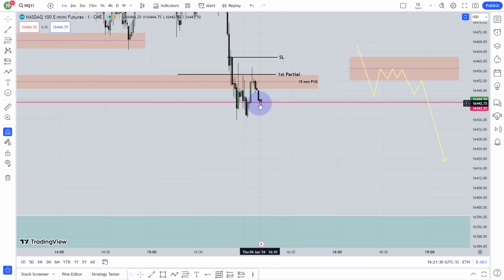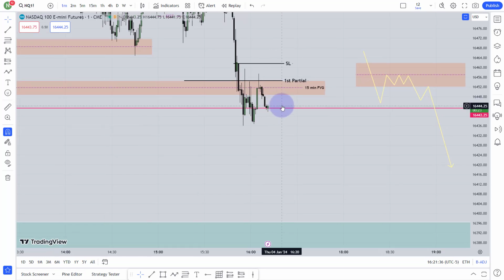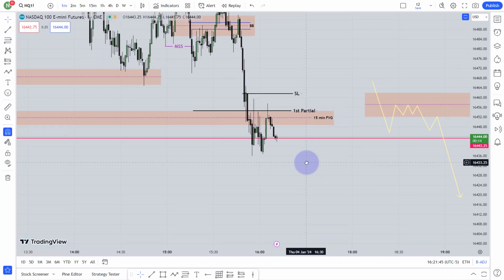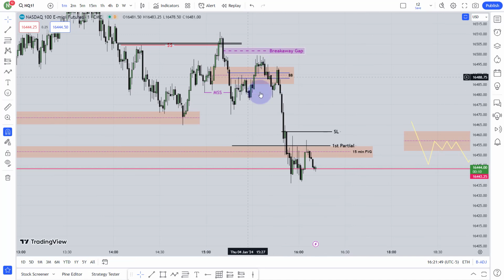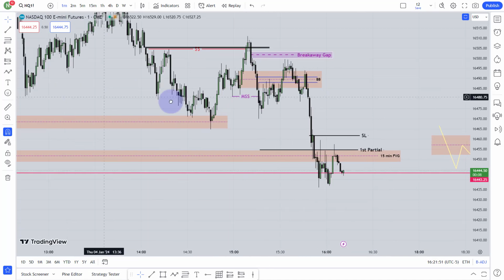But it is already outside of the session, so I am not recommending you take that sell, because this is not the perfect time to take the sell. Price is not important if it is out of the time. This is the explanation of this entry. In my opinion, that is the perfect entry for the PM session.